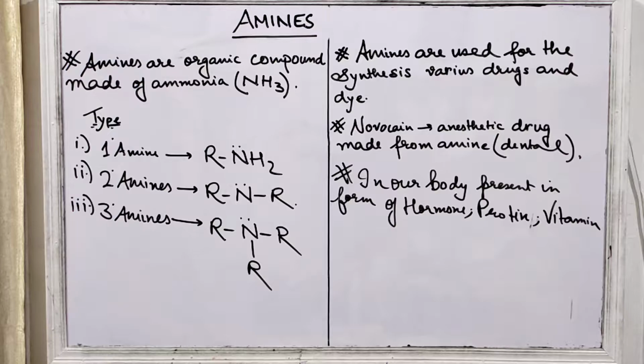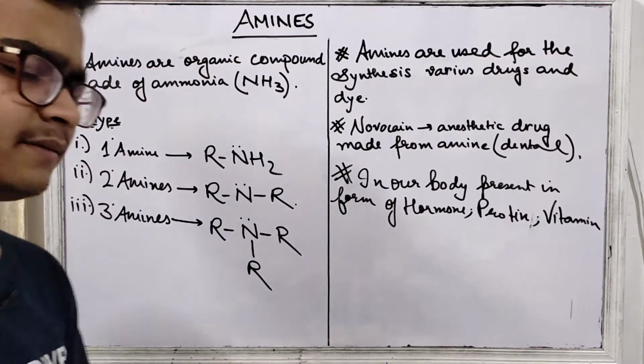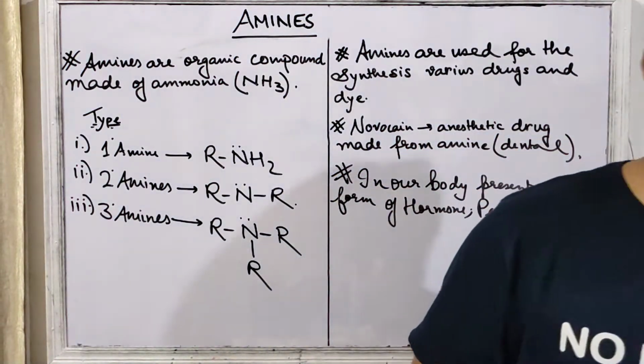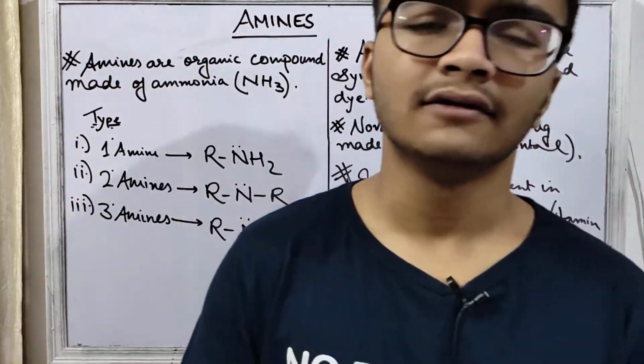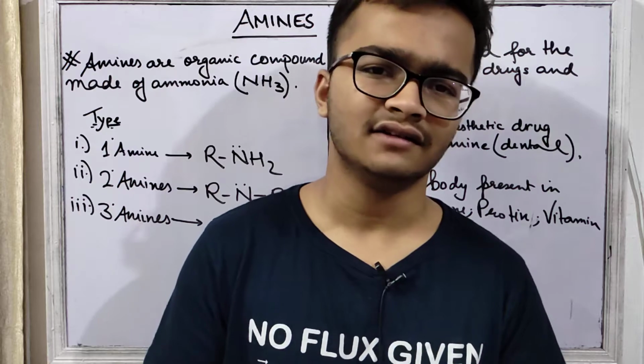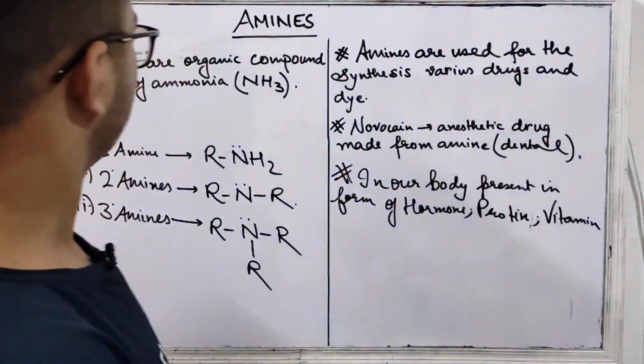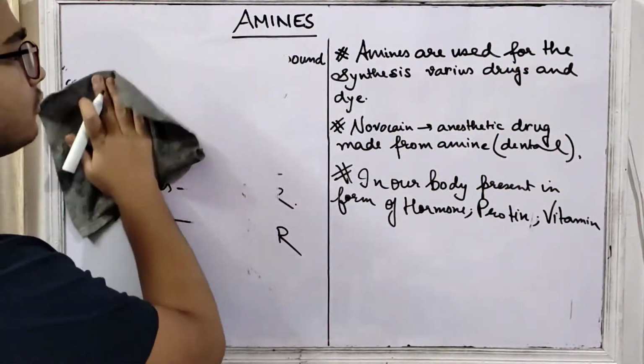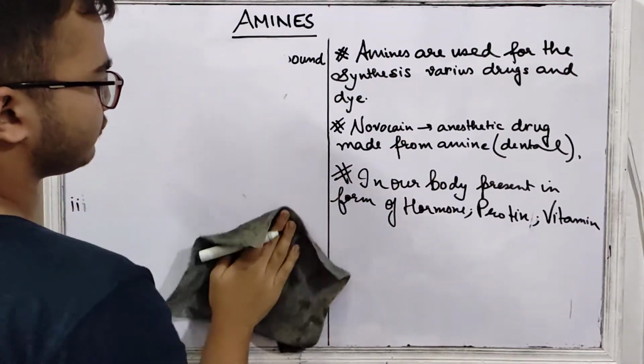Done. So let's start with the preparation methods. The first preparation method which comes to our mind is the one we learnt in the alkyl halide chapter, if you followed the series: Hoffman ammonolysis. Let's remove this portion. Give the heading: methods of preparation of amine.